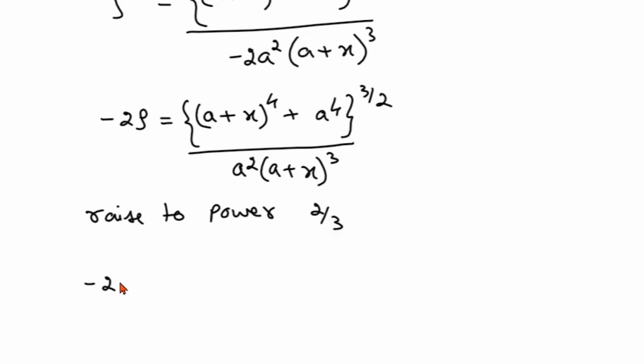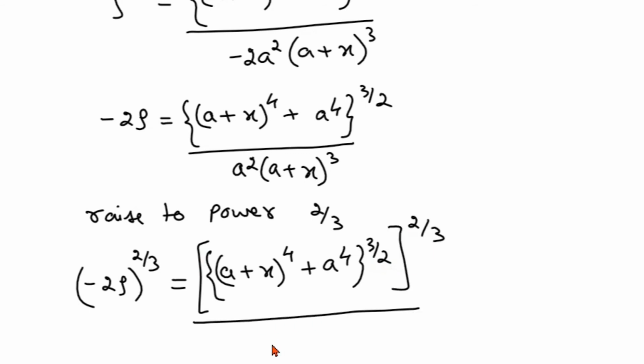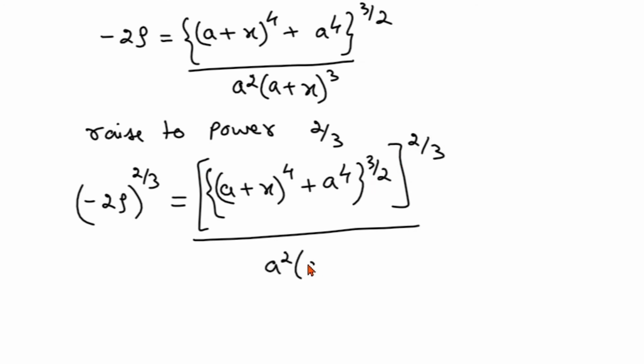So we have (minus 2ρ) to the power of 2 by 3 will be equals to ((a + x)^4 + a^4) to the power of 3 by 2, and that is raised to the power of 2 by 3. In the denominator also you have a squared (a + x) whole cube raised to the power of 2 by 3. So we can see that this 3 and 3 will cancel out, this 2 and 2 will cancel out.